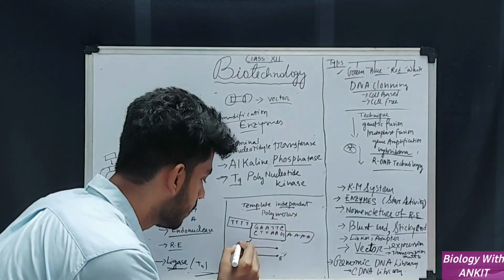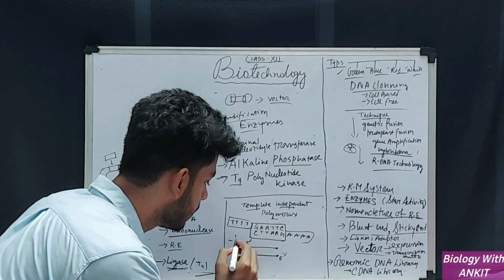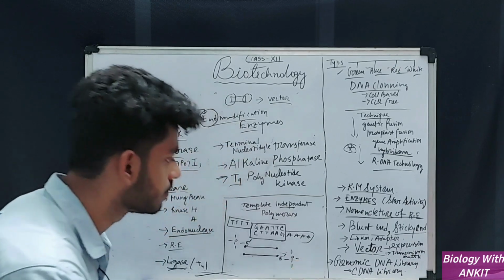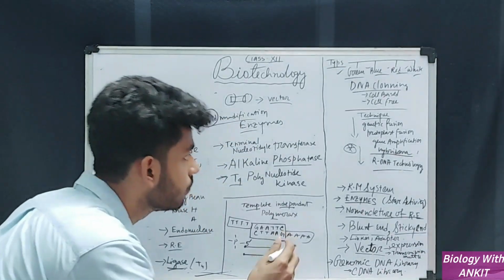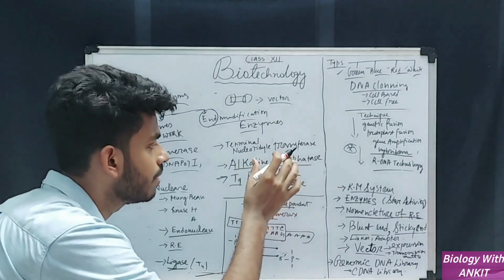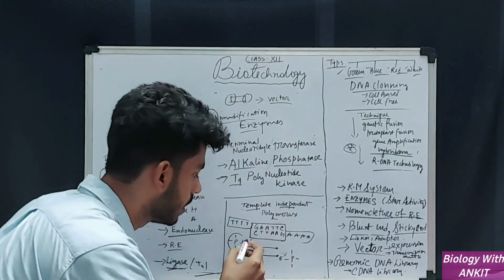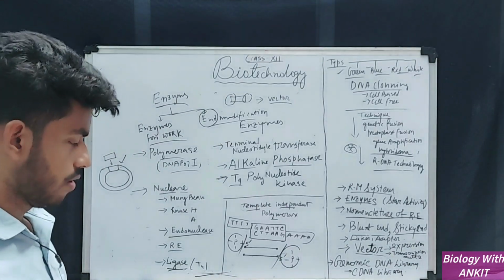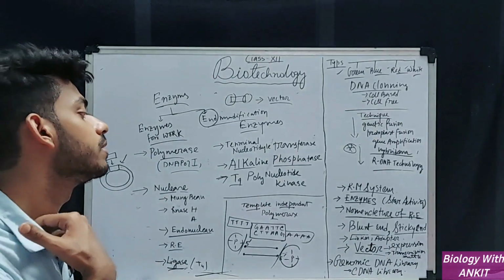and you know that there is a phosphate group in the 5' section, and we are removing it with the help of the enzyme alkaline phosphatase. So what alkaline phosphatase will do, it will chop off the phosphate groups from the 5' end.